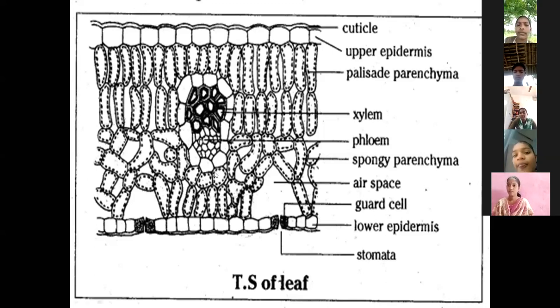Okay. The next part is spongy parenchyma. The layer of cells in the interior of leaves. It consists of loosely arranged, irregularly shaped cells that have chloroplasts. That's why the spongy parenchyma has many spaces between the cells.